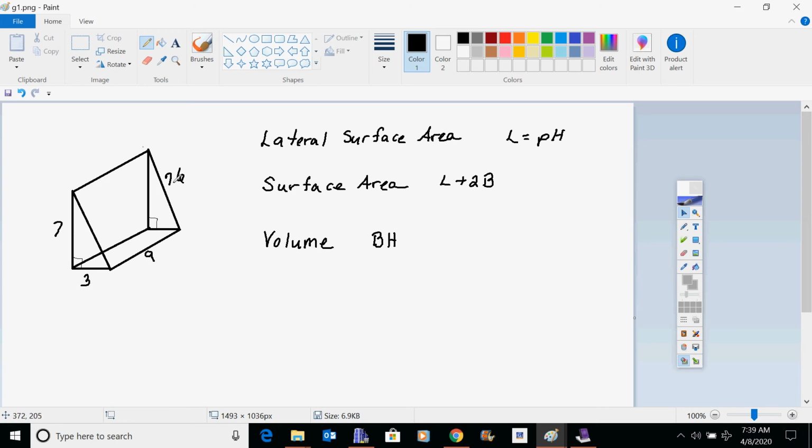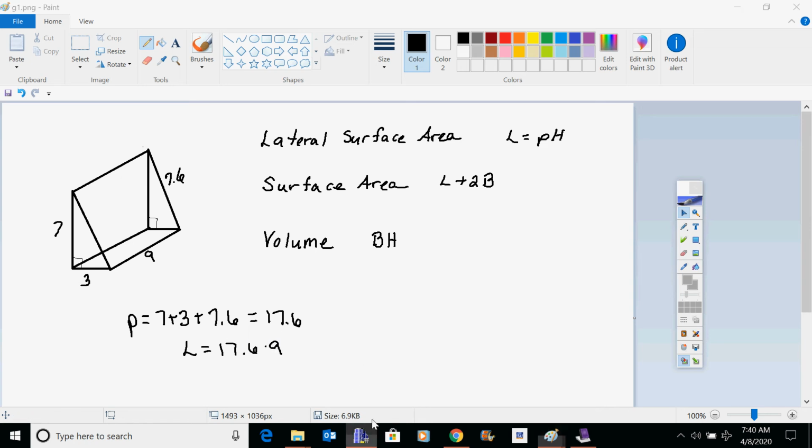So the perimeter of the base, this 7.6, even though it's across the way, can come across here. So we would have P equals 7 plus 3 plus 7.6, which would give you 17.6. Times the height. The height in this case happens to be 9, so L equals 17.6 times 9.